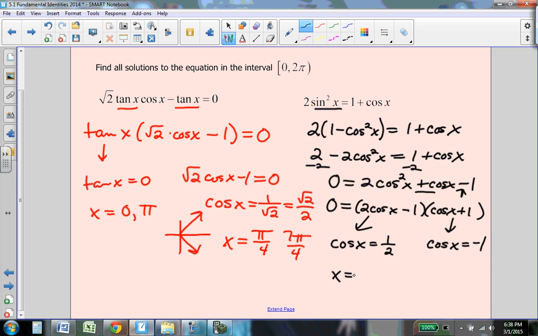So I have x equals pi over 3. And then going down to the bottom of the circle at 5 pi over 3. Thinking about these, both have that same cosine value there, the x value. And a cosine of negative 1, that's an x coordinate of negative 1, that only happens at pi. So this time we only had 3 solutions instead of 4.